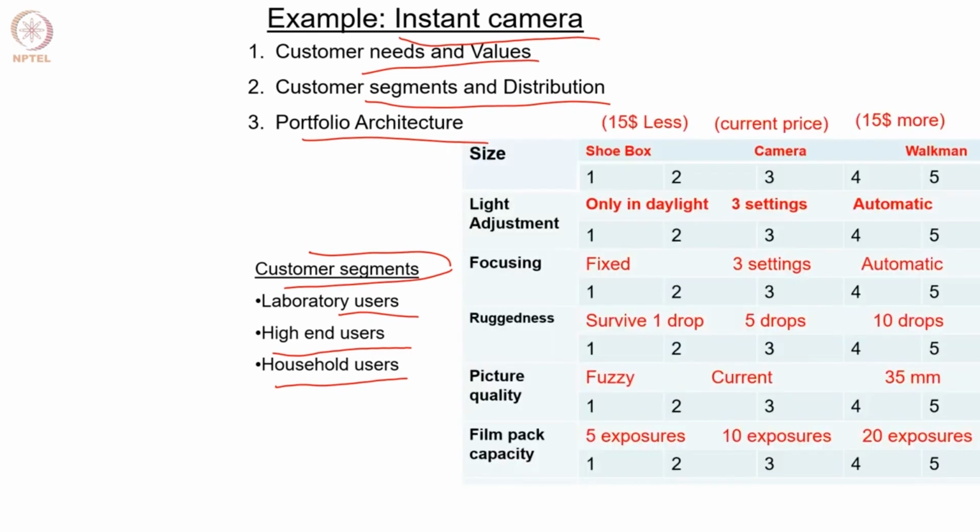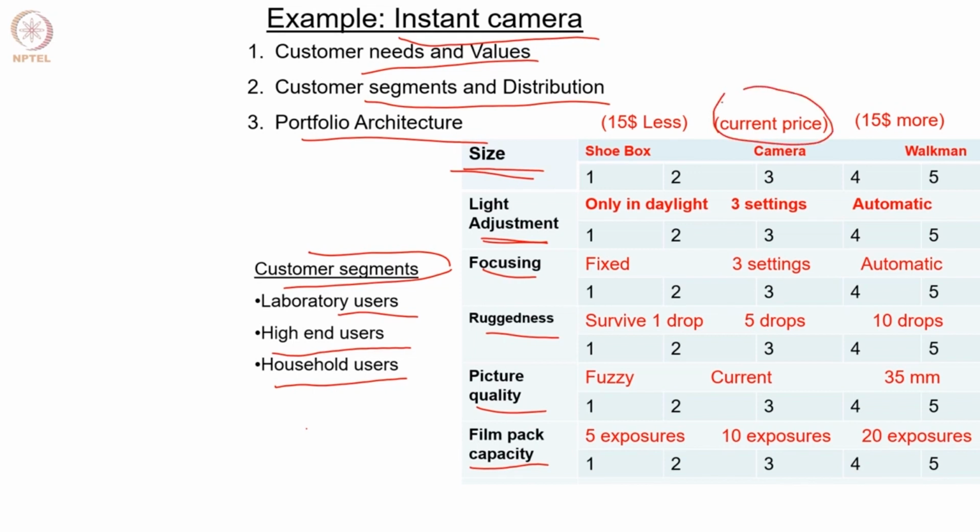So, we look at the needs: size, light adjustment, focusing, ruggedness, picture quality, film pack capacity and style. These are the customers' needs, and we will tell the customers, look, at the current price we can provide these features in the product, and we can provide you one for some $15 less, and for $15 more you will be able to get this kind of a feature.